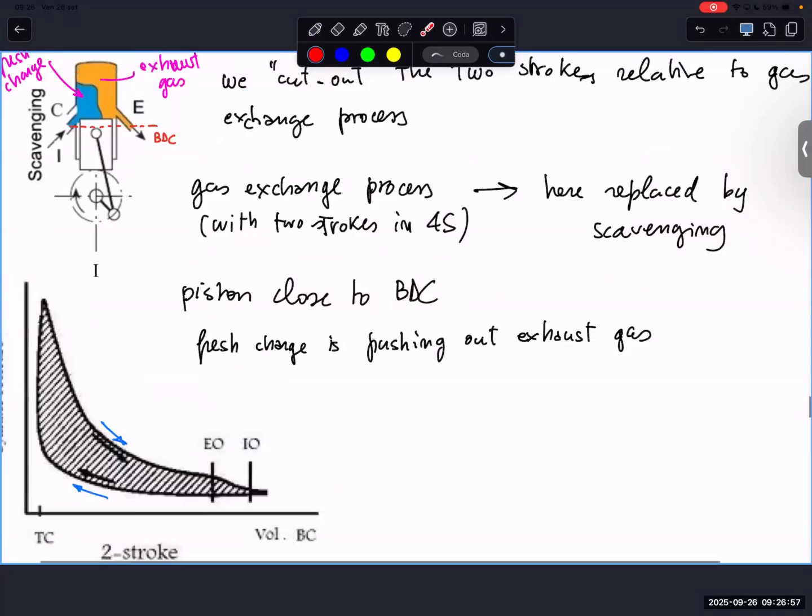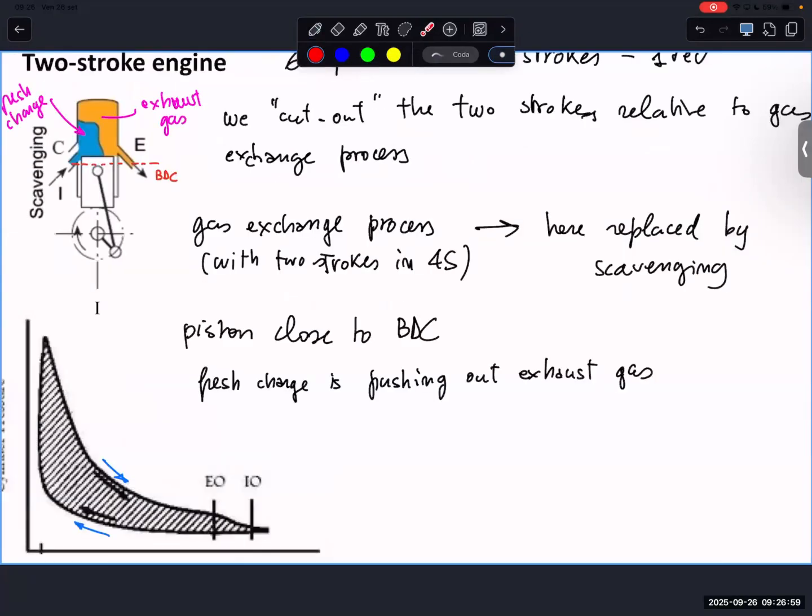First of all, as we have just one revolution per cycle, we can simplify the engine. Instead of having valves that are externally commanded, we generally have ports.